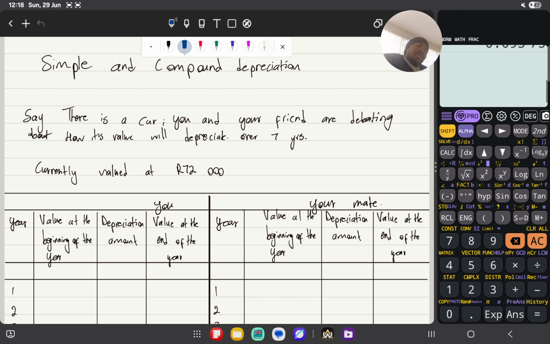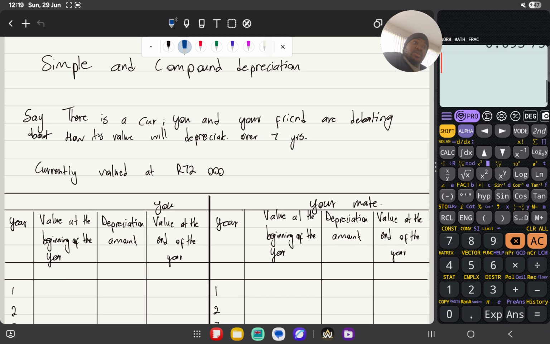Now, when we talk about simple decay or simple depreciation, the same concept still applies, but the difference is we are talking about depreciation, or a decay. Depreciation is actually loss of value, right? A good example: you buy land, and that land loses value each year.